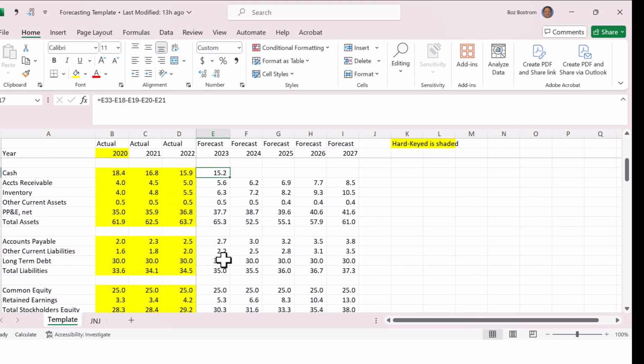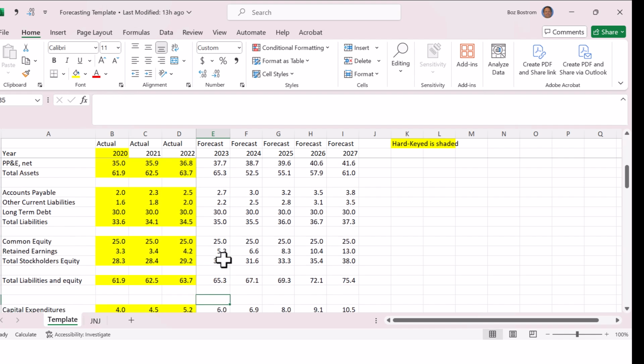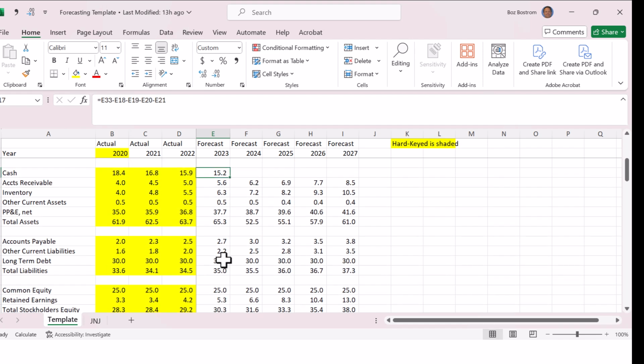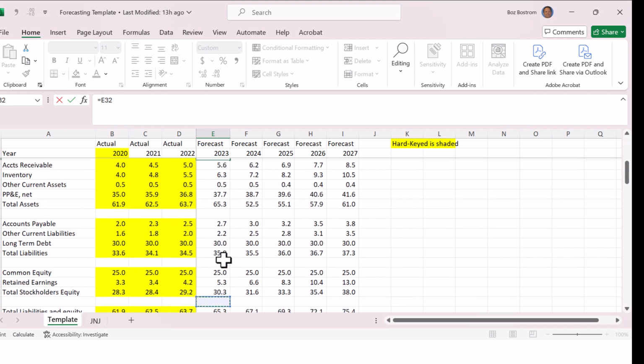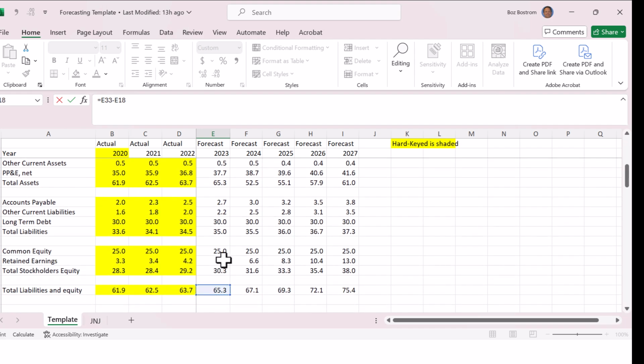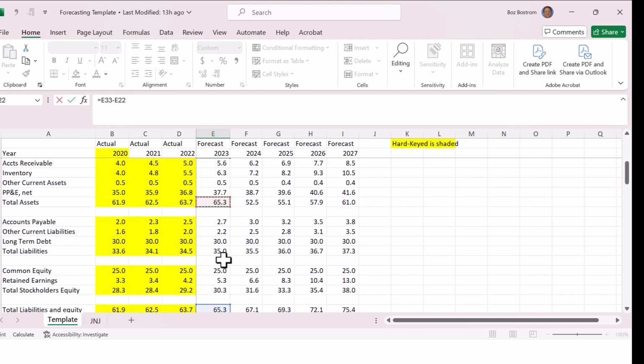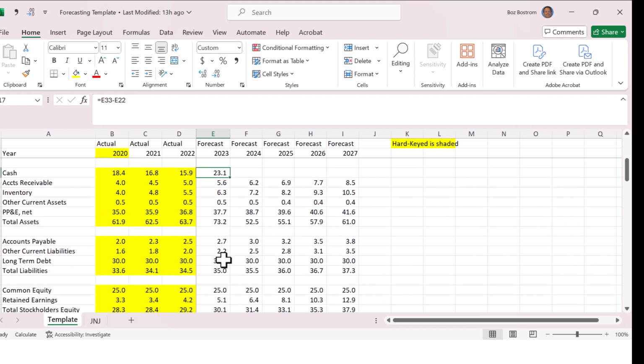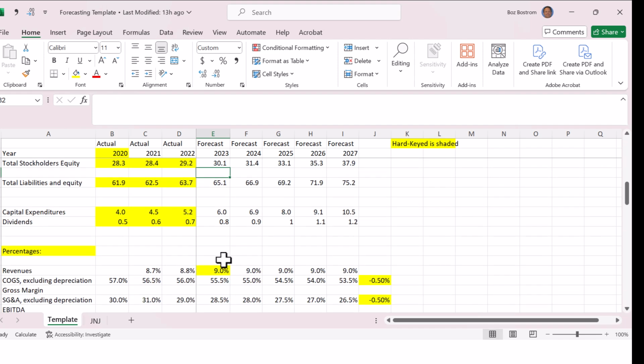So we are seeing right here that now we've got 15.2 of cash, 65.3 of assets, and that's the same as liabilities and equity. So you need to do an equals, go to liabilities and equity, and don't subtract off total assets because cash is in that amount. So that just wouldn't work. I think if you did it, it comes out kind of screwy.